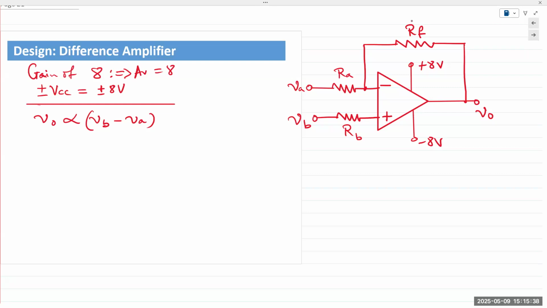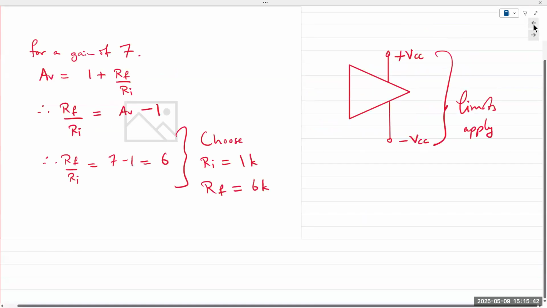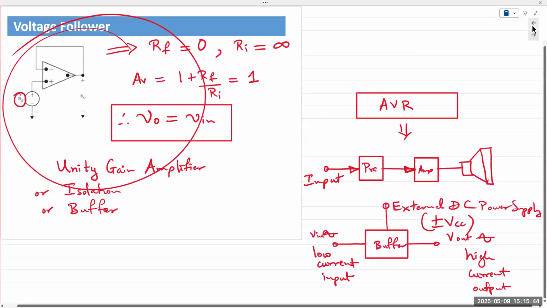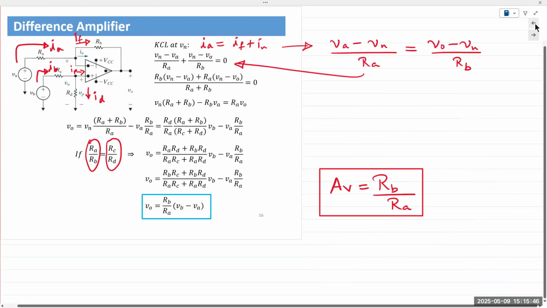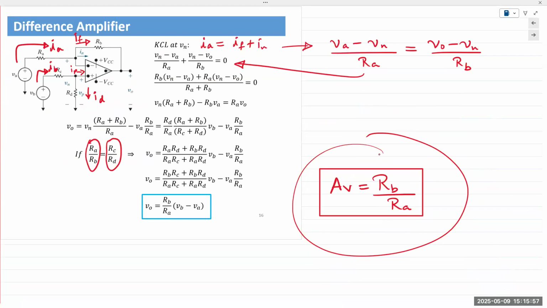Now, from the previous explanation, if you recall, if you want a specific gain, like we do in our circuit, a gain of 8, then we take these resistors and we take the ratio and make them the same. So on the input side, we have RA here, and on the feedback side, we have RF over here.